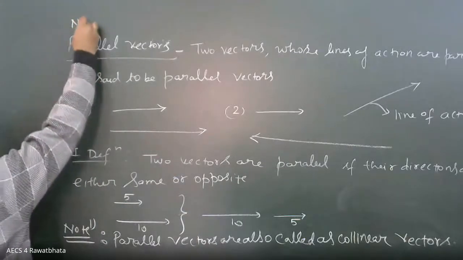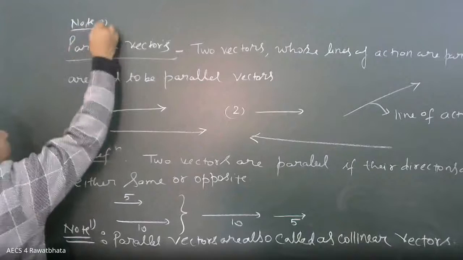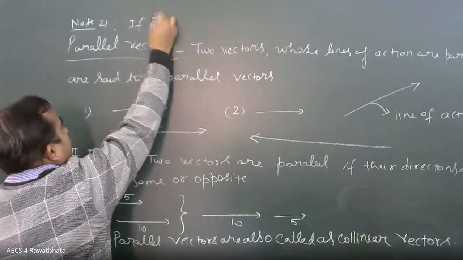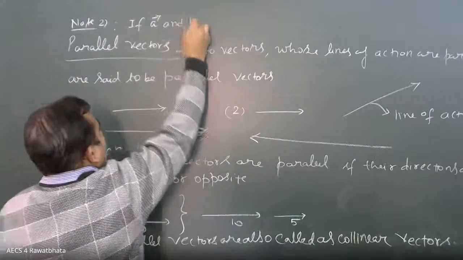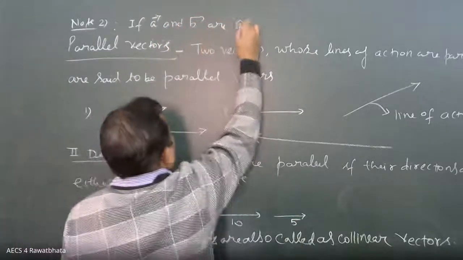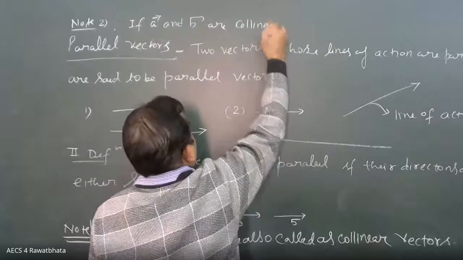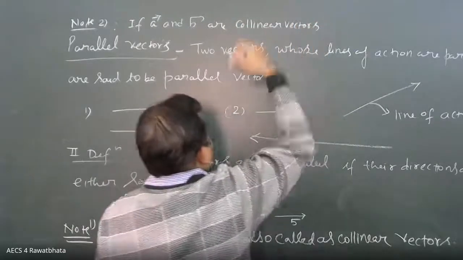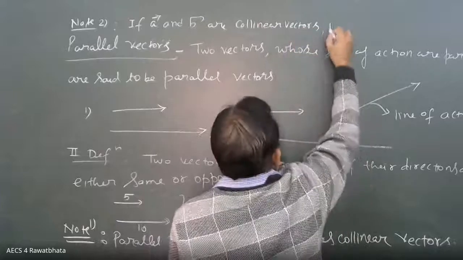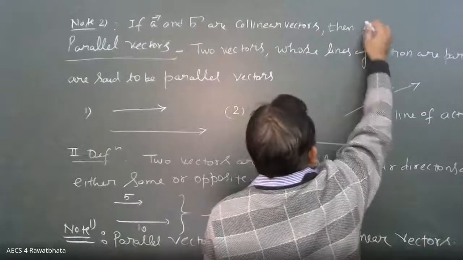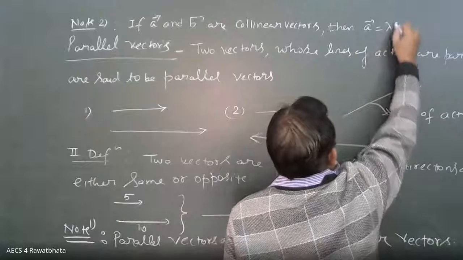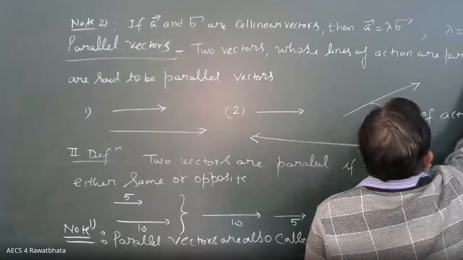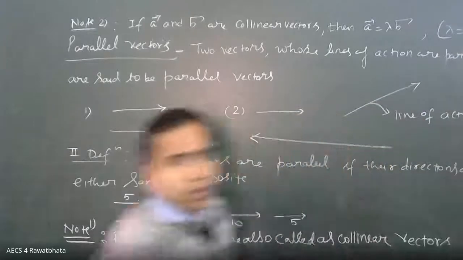Note 2, that if A vector and B vector are collinear vectors, of course parallel vectors, another meaning, collinear vectors, then A vector is equal to lambda times B vector, where lambda is some constant, right?